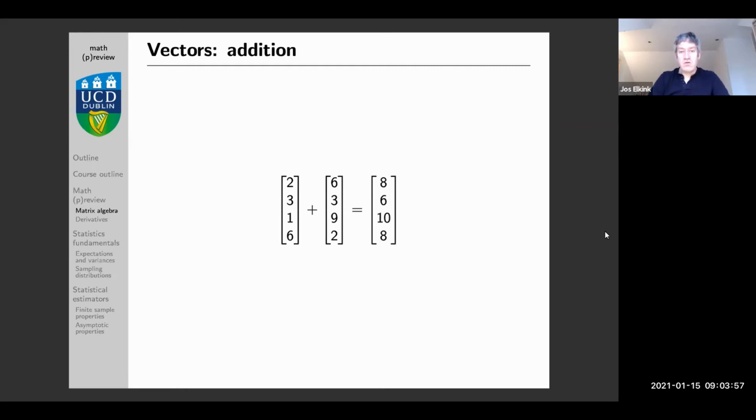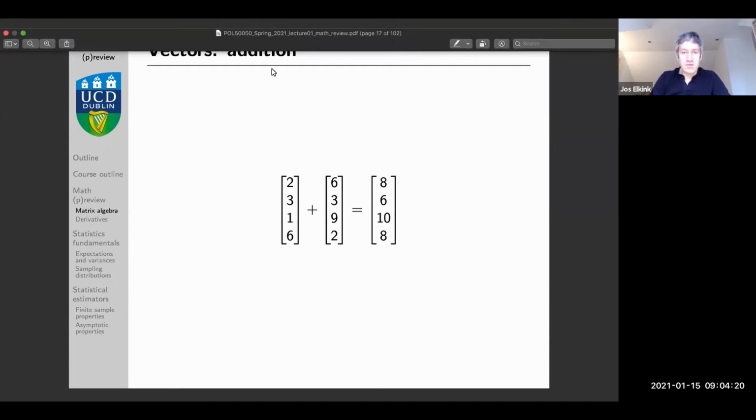We can also use addition with vectors themselves. So when two vectors are of the exact same size, and they are either both column vectors or row vectors, so they have to have the same shape exactly, then we can add them together. And when we add them, we simply add the numbers for each row, for each element together.